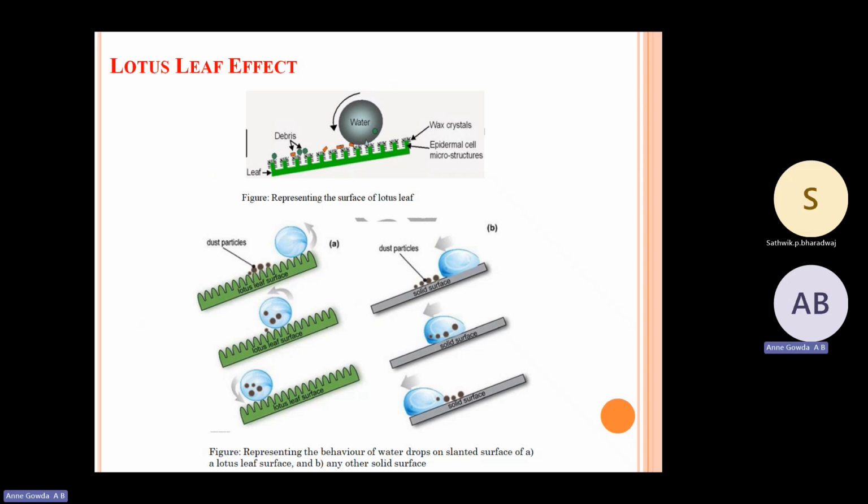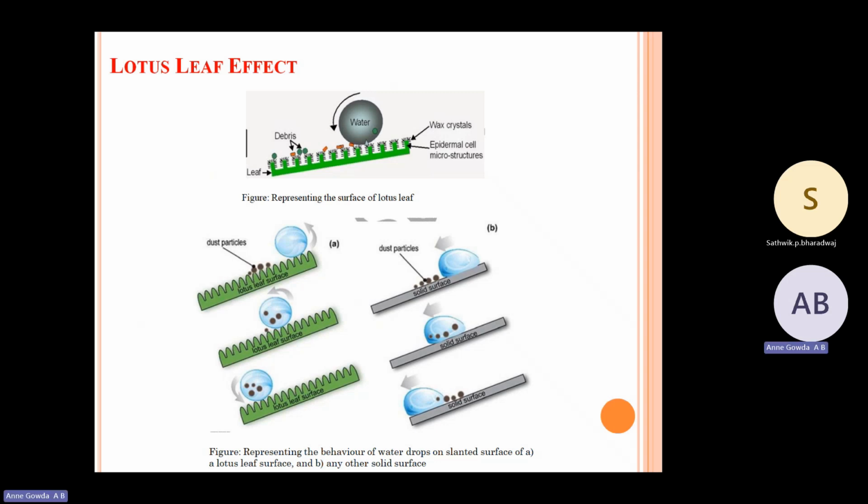This effect has led to the invention of super hydrophobic surfaces and also self-cleaning surfaces. As the name itself indicates, when self-cleaning surfaces are super hydrophobic in nature, they repel the water as well as clean that surface. It cleans automatically, so no manual intervention is needed to clean those surfaces.